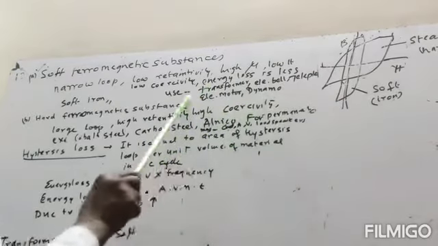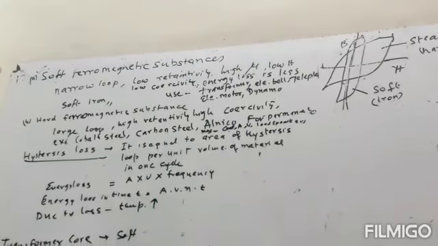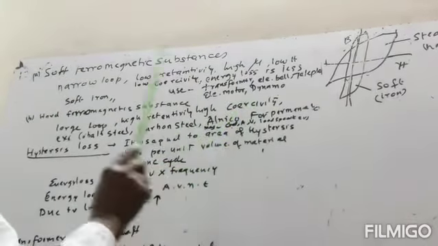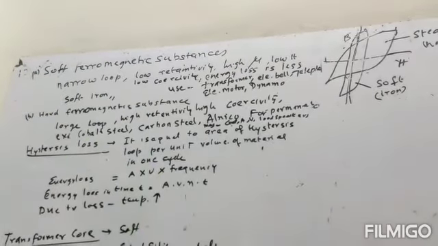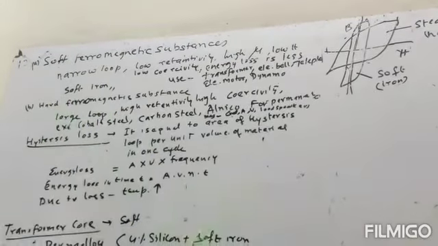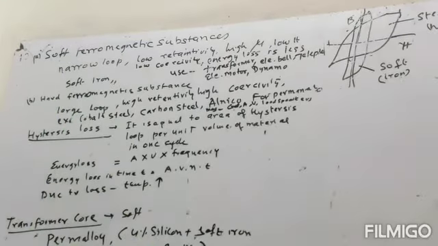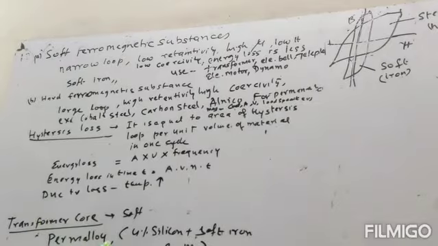In all these, we require a magnet which is made up of the soft ferromagnetic substance. Generally, the soft magnetic substance is taken either as soft iron or permalloy.